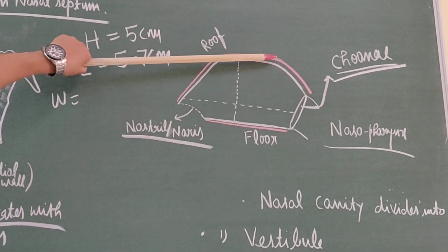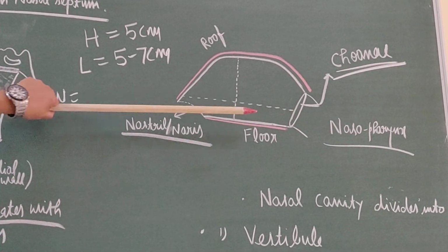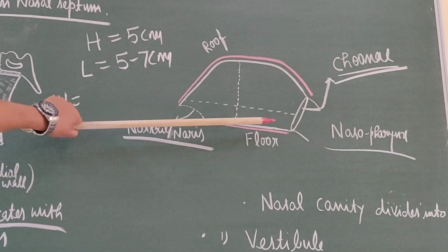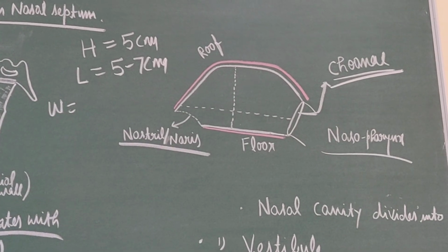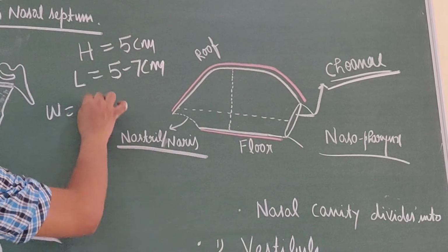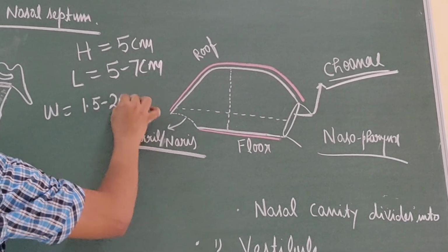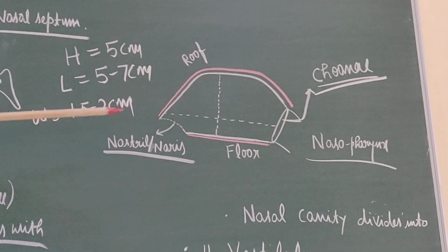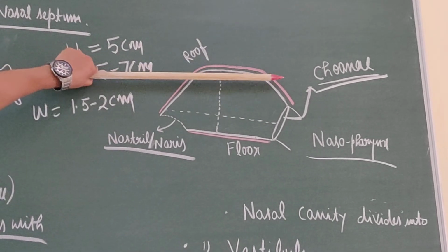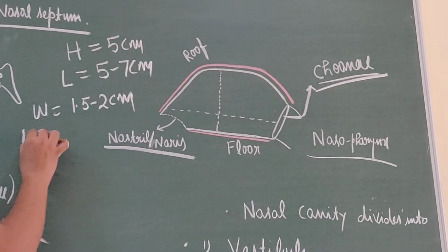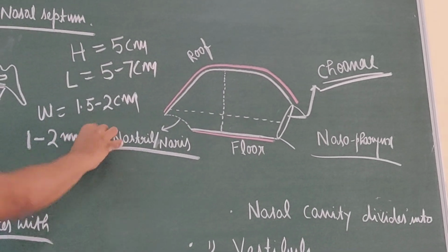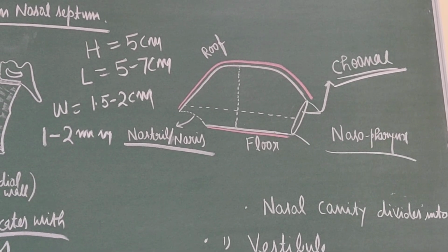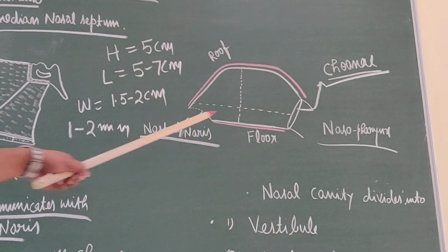This is the base and this is the roof. So the width is maximum towards the floor of the nasal cavity, about 1.5 to 2 centimeters, while the width near the roof is about 1 to 2 mm.